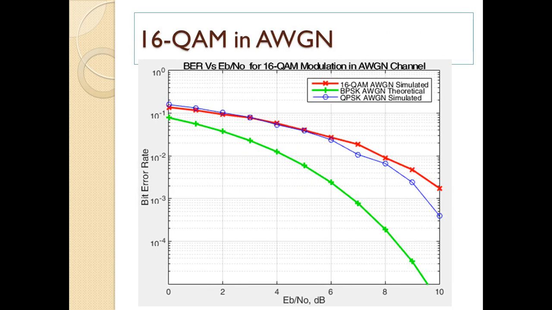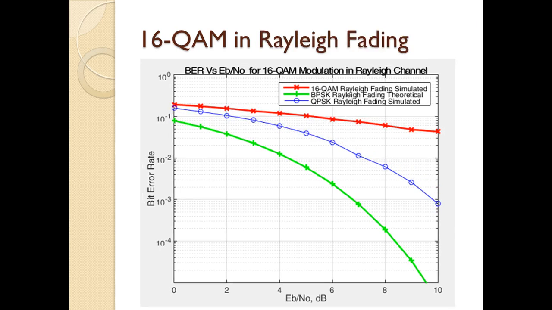A CDMA system with 16 QAM modulation was implemented in MATLAB and subjected to both noise and Rayleigh fading. The BER curve indicates that both QPSK and 16 QAM modulation require a higher signal-to-noise ratio when subjected to noise in comparison to BPSK. The same 16 QAM system is also subjected to Rayleigh fading.